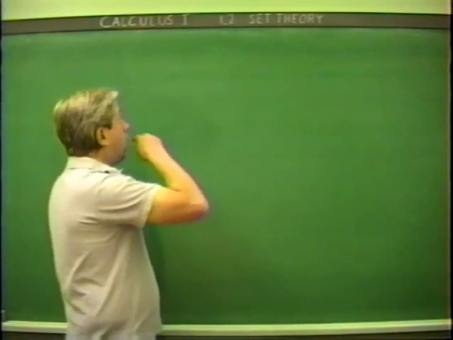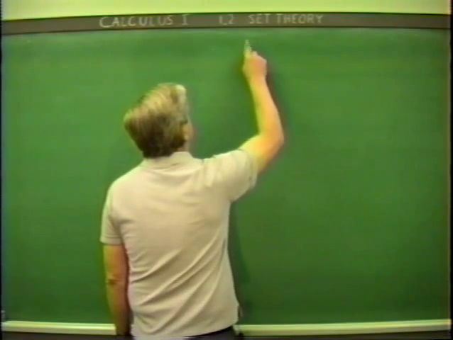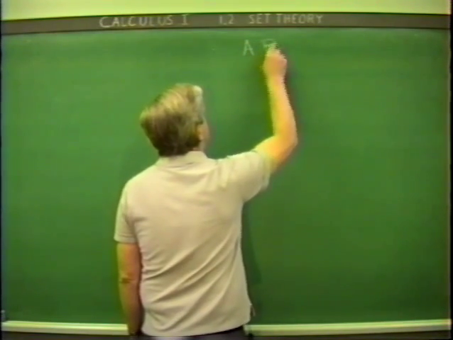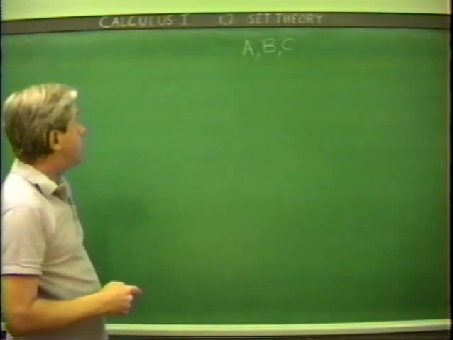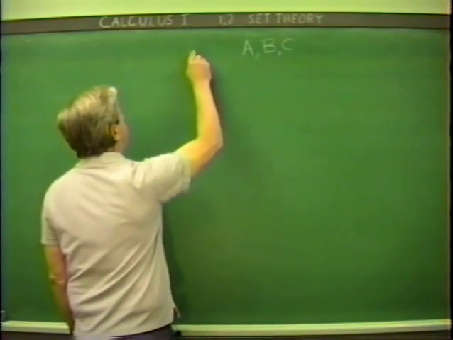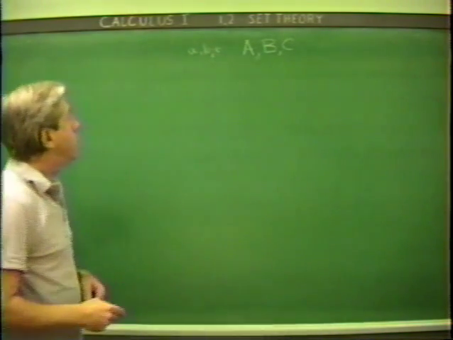Sets are symbolized with capital letters, frequently the letters A, B, and C. And the elements of sets are usually symbolized with small letters, for example, little a, b, and c.